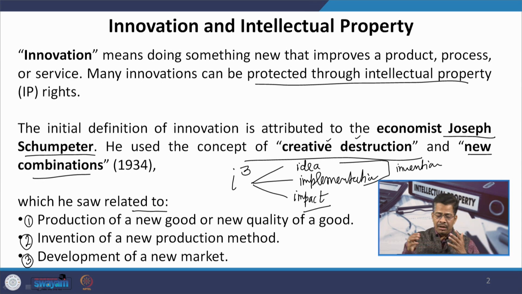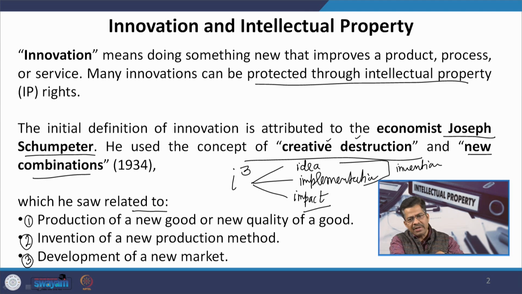How? By 5G rolling in our country India, we are creating a new market of telemedicine. So, you have innovation in the field of 5G, new types of products are coming, and as a result of that, now you have better connectivity in the remote areas, and that is giving a new market of telemedicine.